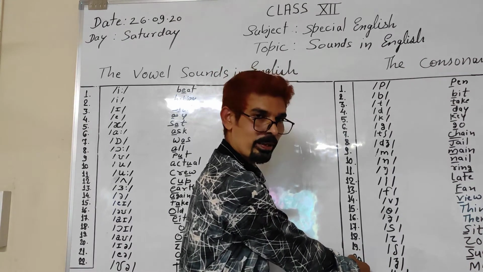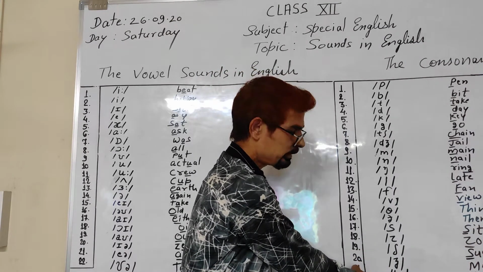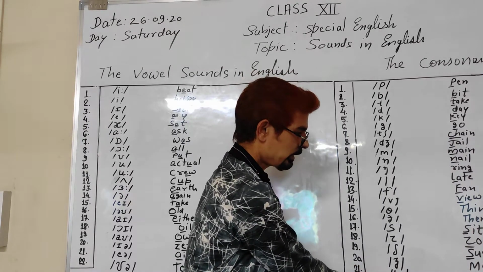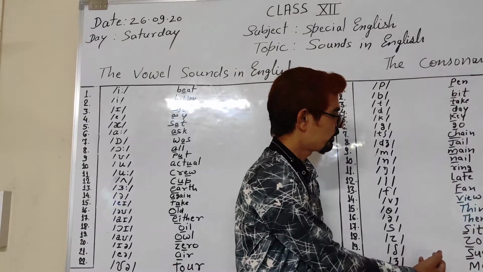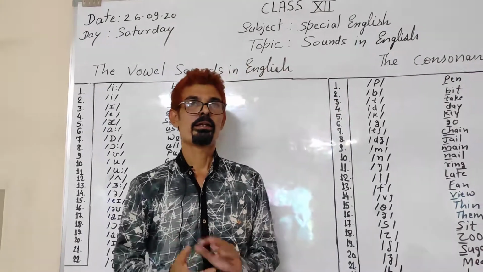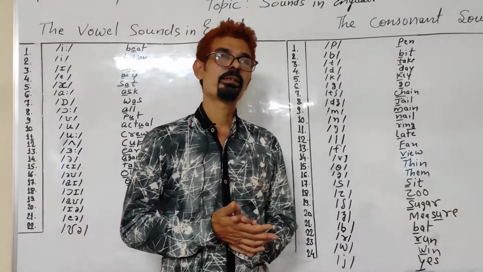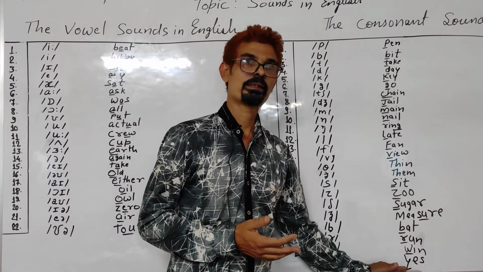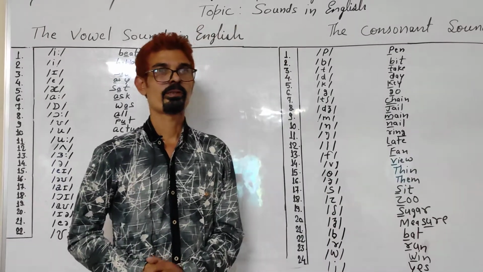This is the sound of h, hat. This is the sound of r, run. This is also the sound of w, win. And this is the symbol of j, pronounced y, yes. So that's all.